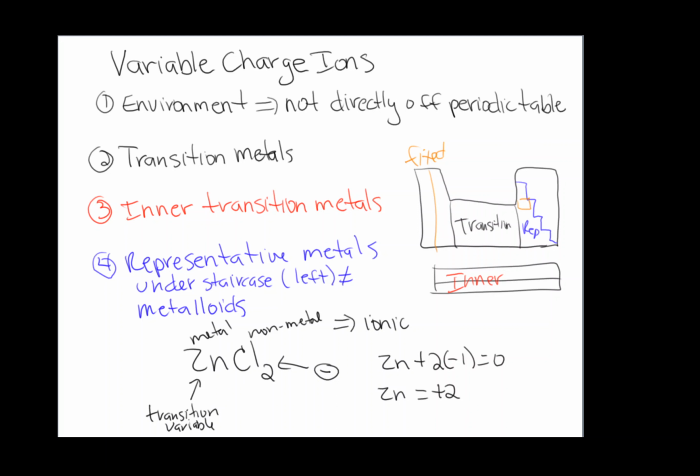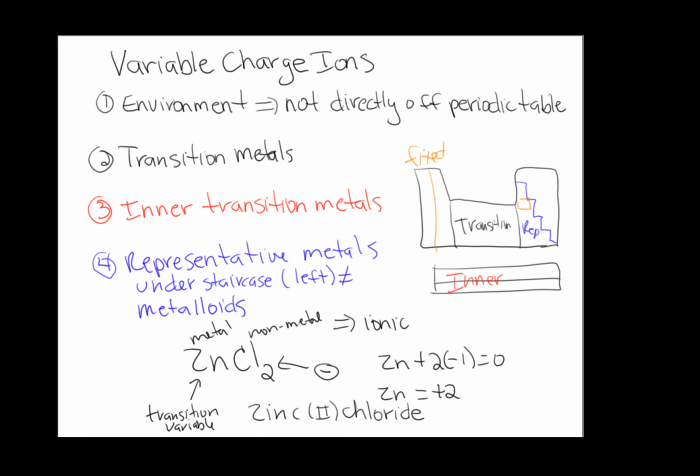It is a +2. Now, for nomenclature purposes, this is called the Stock system. If I can't get that charge off the periodic table, you have to tell it to me in the name. And so technically, the name would be zinc Roman numeral 2 chloride. Because if I just said zinc chloride, you would have absolutely no idea what the charge on the zinc would be.